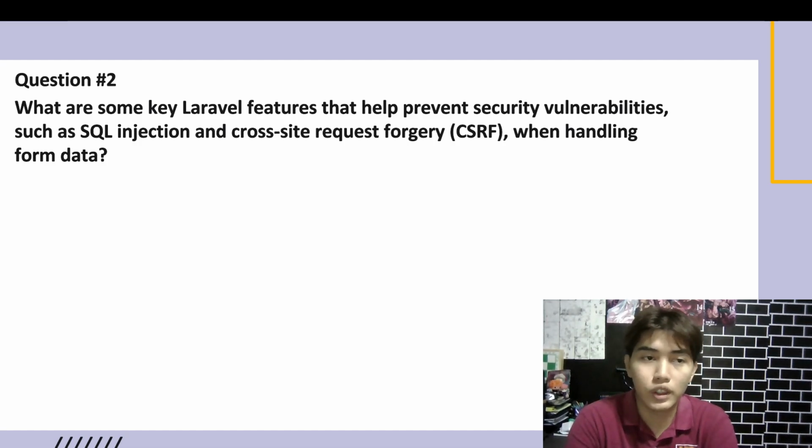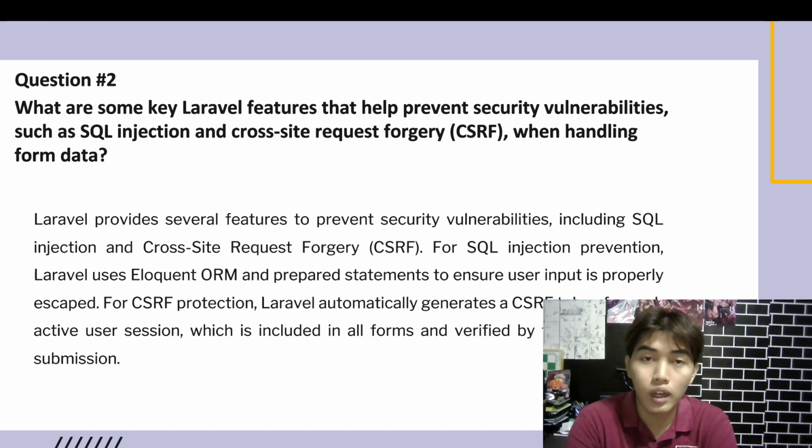On to the next question. What are some key Laravel features that help prevent security vulnerabilities such as SQL injection and cross-site request forgery or CSRF when handling form data? Laravel provides several features to prevent security vulnerabilities, including SQL injection and cross-site request forgery.